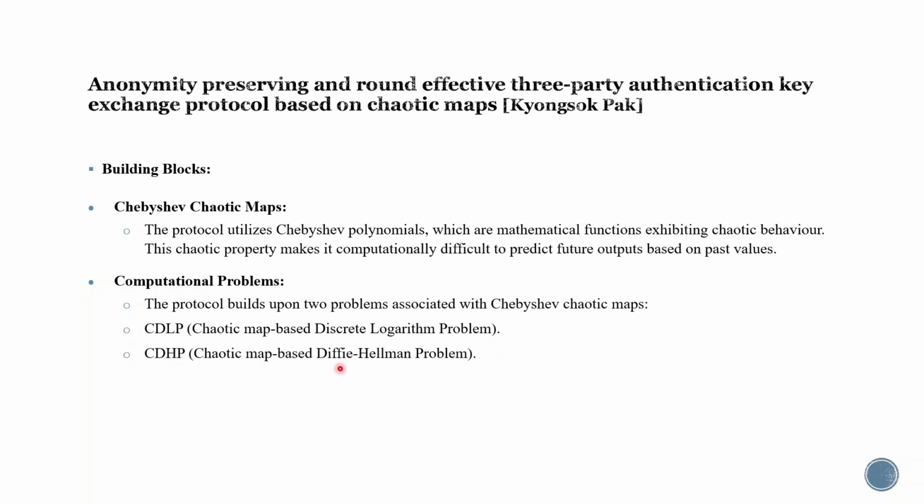Now, chaotic map based on Diffie-Hellman problem. What this basically means is that there are three values x and two of these are functions Tr of x and Ts of x, and upon generating Trs of x, which is applying this Tr of x and Ts of x subsequently, you won't know the number of iterations involved in this.